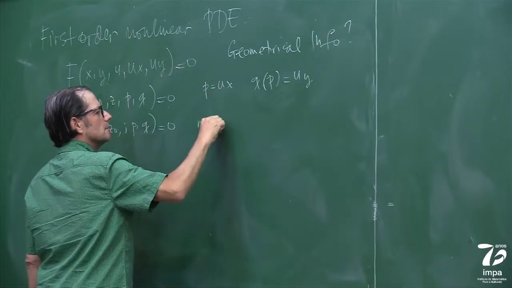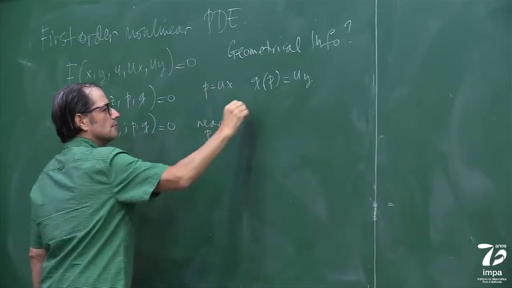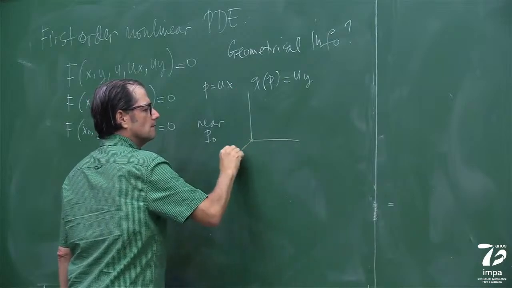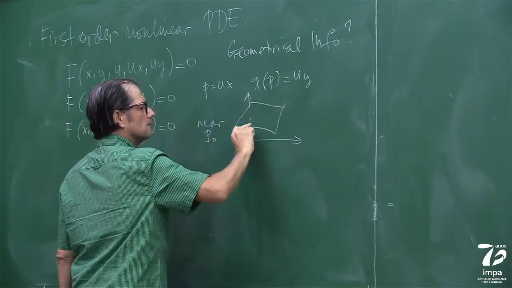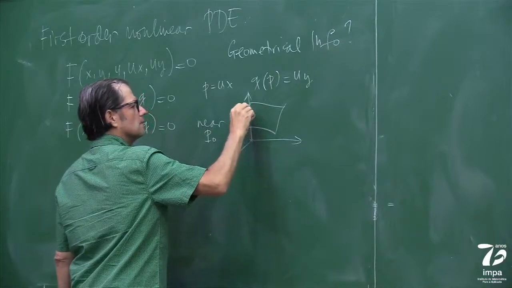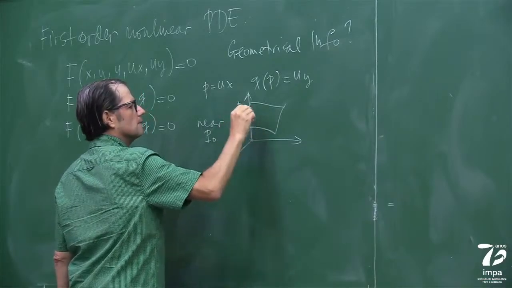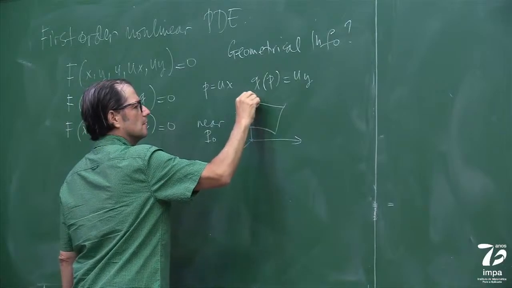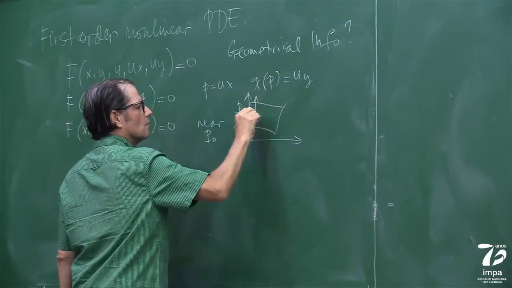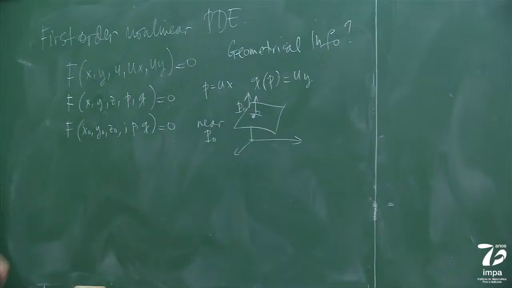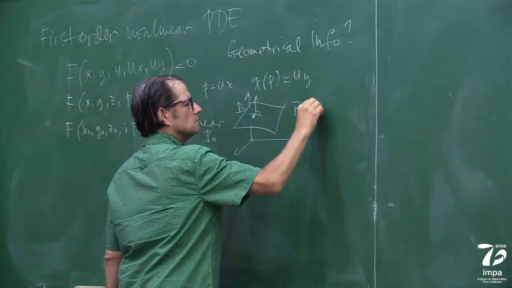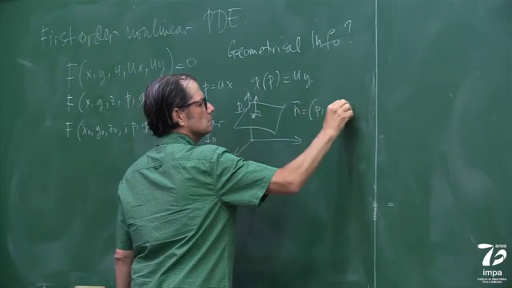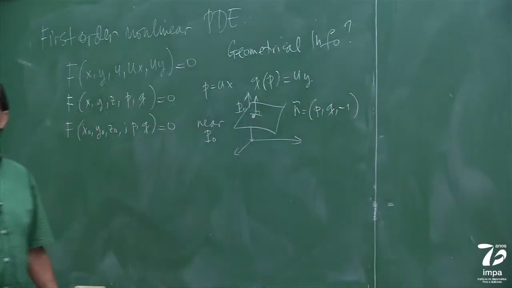So this is near P0. Right? And we have here a normal, excuse me, where the normal to the surface, the integral surface, is this.